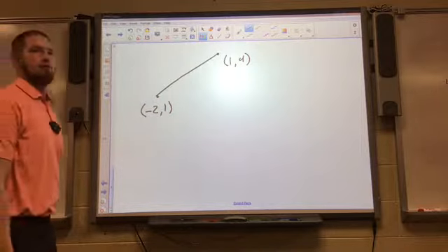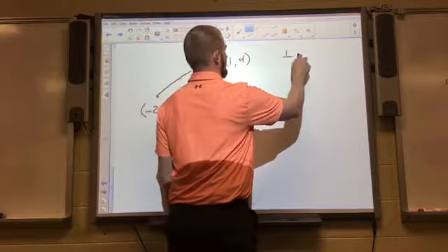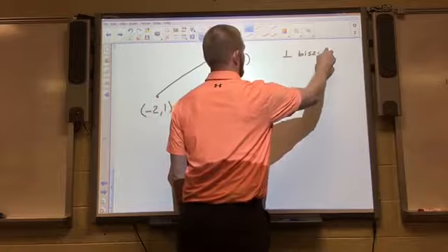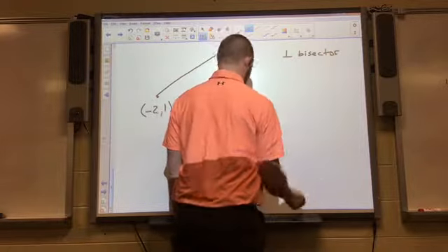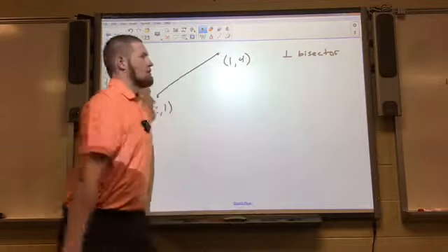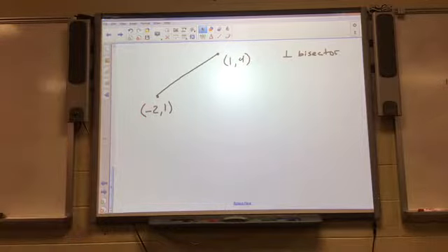Okay, we're trying to write the equation for the perpendicular bisector. Okay. What's important about being perpendicular and bisecting?